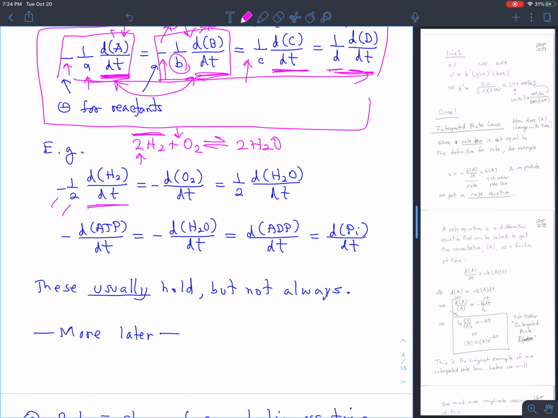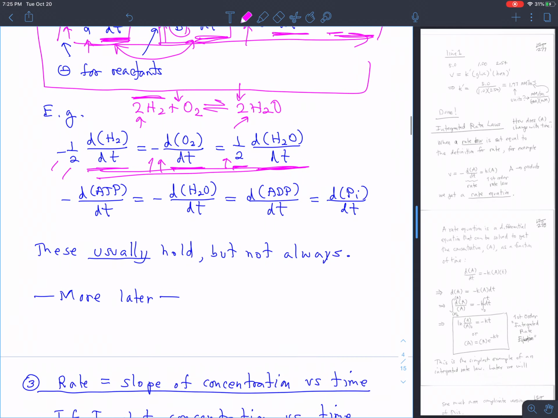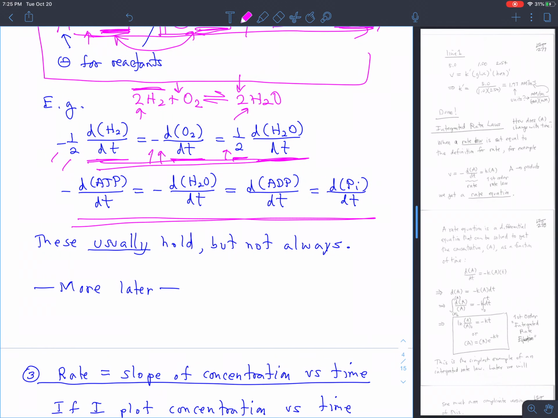The stoichiometric coefficient of O2 is 1, and it's a reactant, so minus 1 over 1 times the rate of change for O2. Likewise, for water, the stoichiometric coefficient is 2, and it's a product, so plus 1 over 2 times the rate of change for H2O. All those rates are related to each other. And for the ATP reaction, I won't go through this one, but it's the same business. All those rates are related to each other.